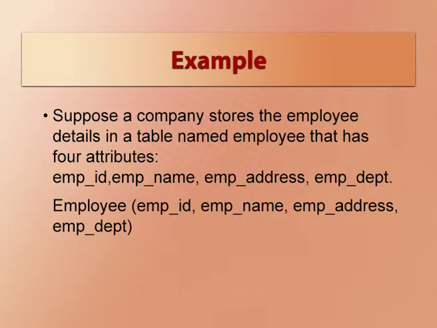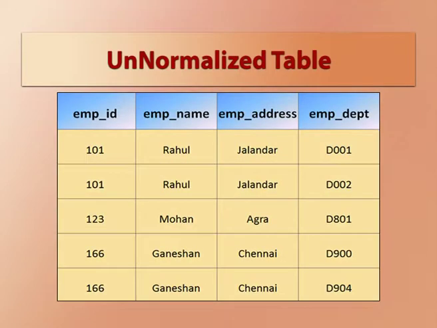Insertion anomaly, let us observe a simple example. Suppose a company stores the employee details in a table named employee that has 4 attributes: employee ID, employee name, employee address, employee department. This is the unnormalized table we are getting. You can see here Rahul is the employee name with employee ID 101 and it is repeated twice.